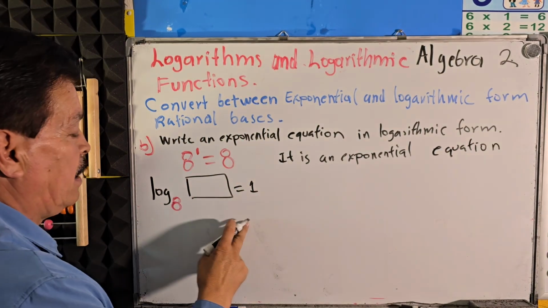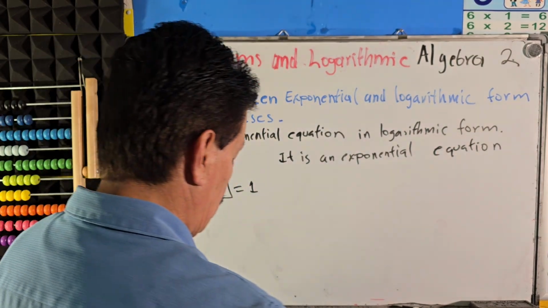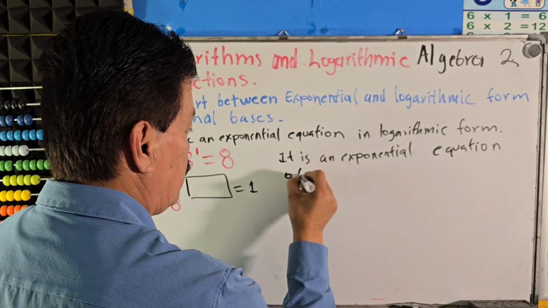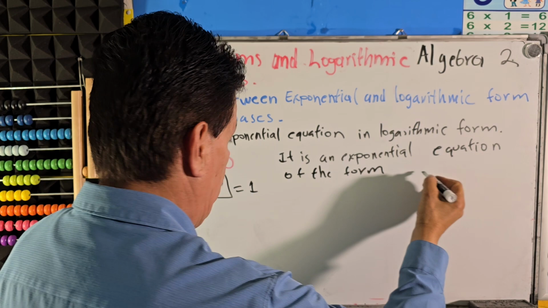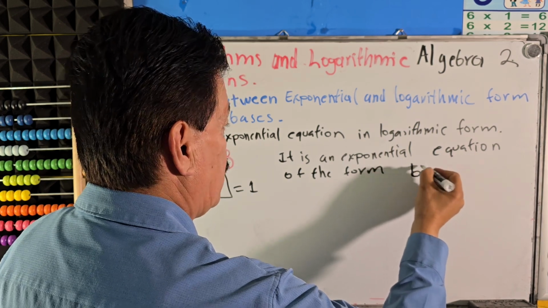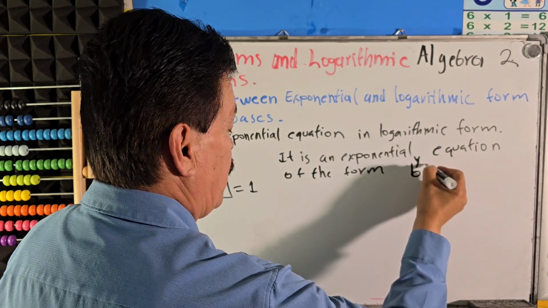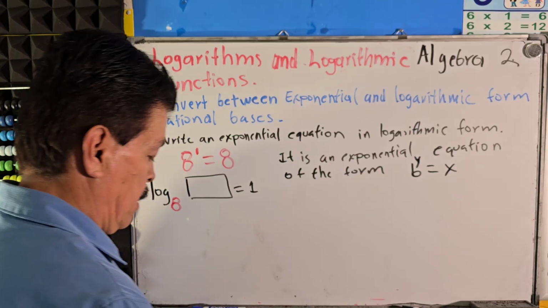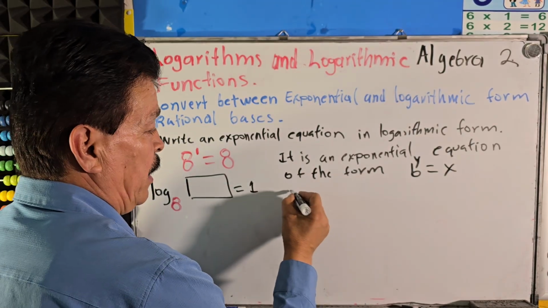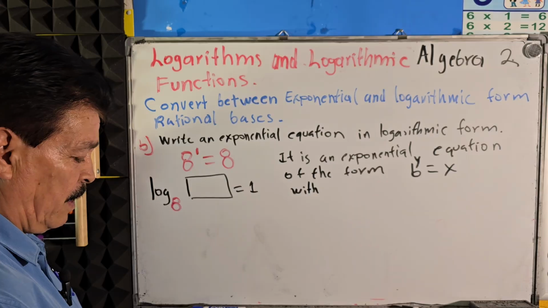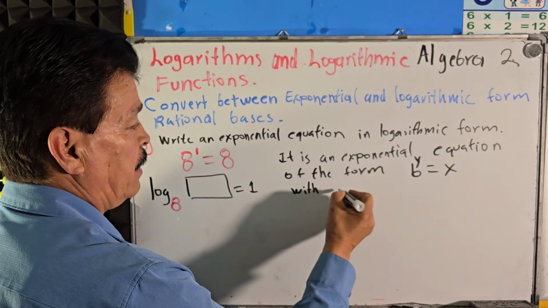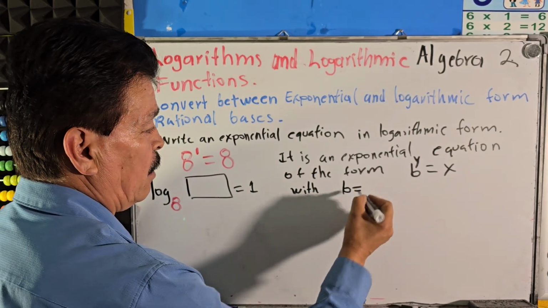It's an exponential equation of the form b to the y power equals x. Now let's give it the values of each letter.